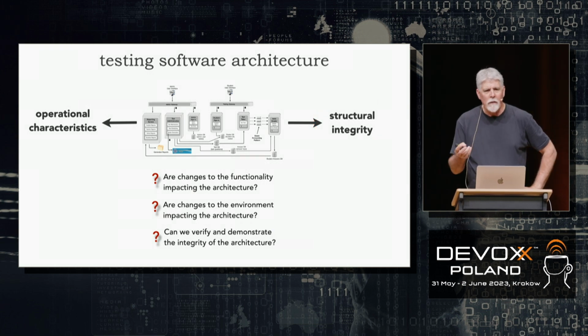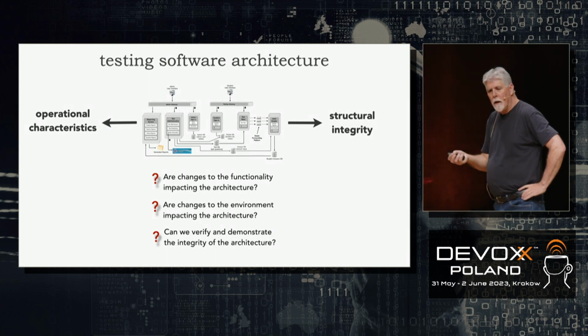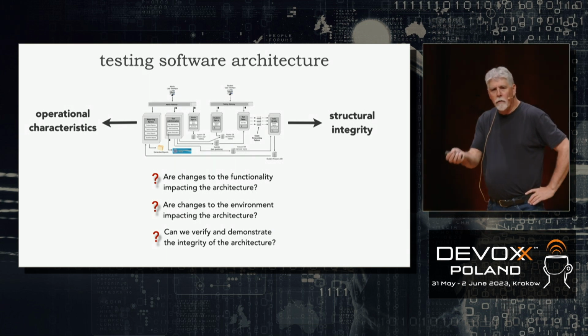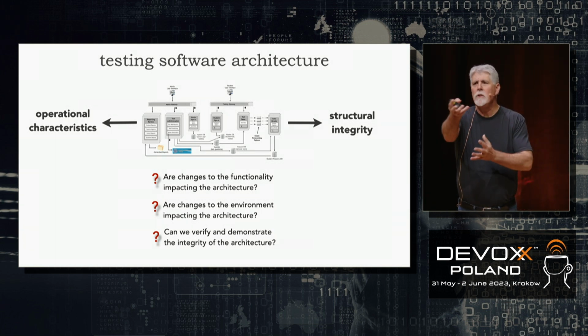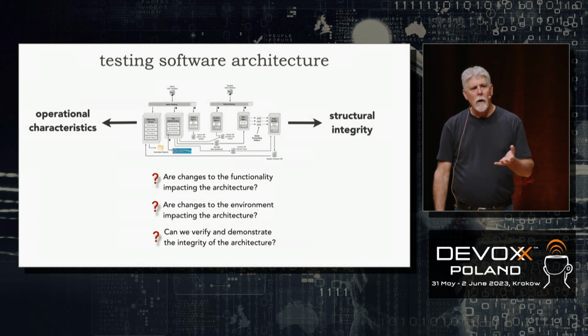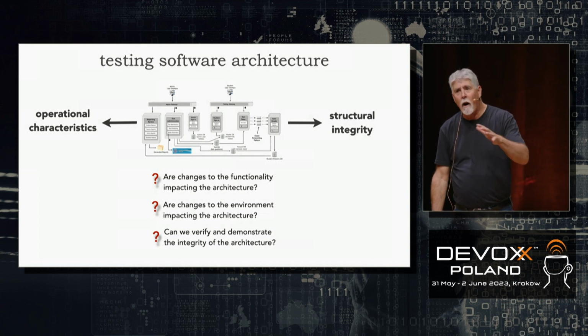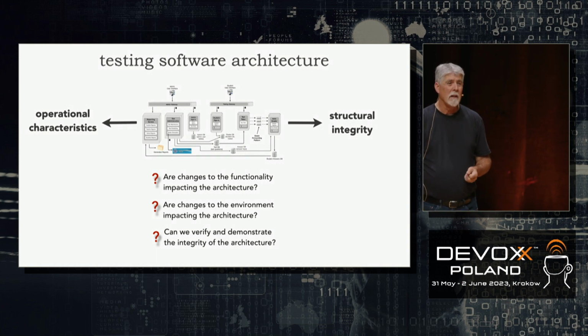We can answer these three questions. Are changes that we're making impacting the overall architecture? Are changes to the environment impacting the architecture? We run unit tests all the time. But now we can run these unit tests against our architecture, the structure of that system as well.